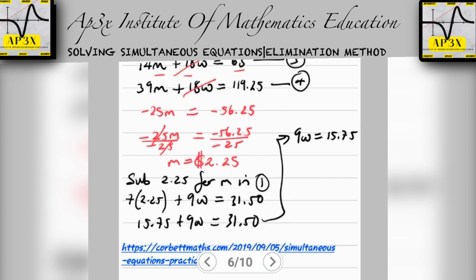And so therefore then 15.75 divided by 9, I end up with a bottle of water being equal to $1.75. And that is equal to W.